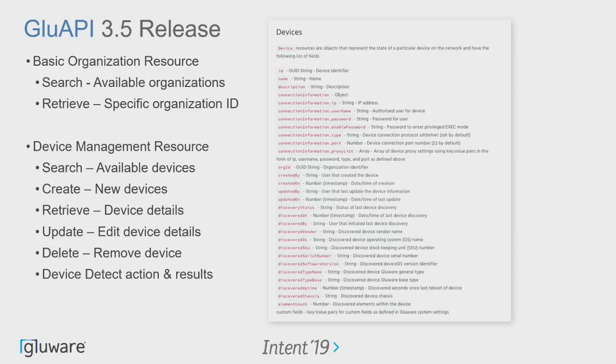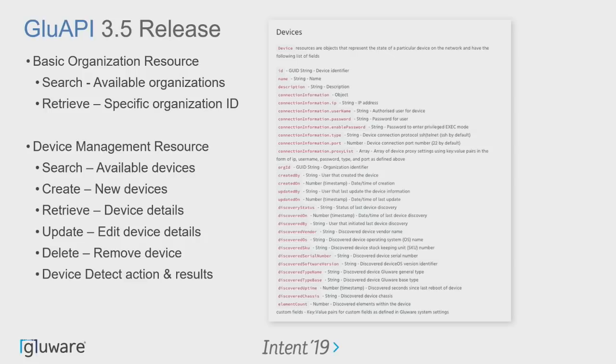Our organization structures are made available to search and to find your organization. The device management structure is made available, which provides you all of the information that you would find in Device Manager. So again, modeling the user experience of our UI in our API.